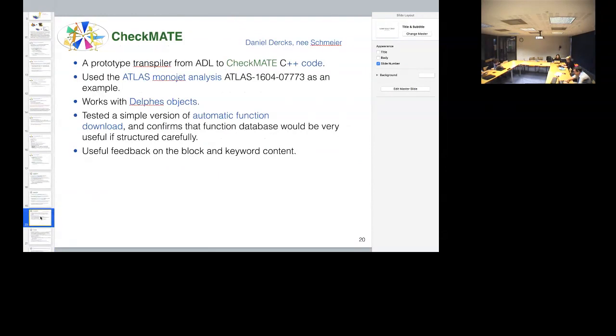There's also a similar tool to go to Checkmate, which has been exercised on the knowledge analysis from Atlas. It has also tested a simple version of automatic function download, rather like what happens in the language R. If you've ever used R, you know there's a nice system by which it goes off onto the web and downloads modules needed for an analysis, and some simple version of that has been tested by Daniel.